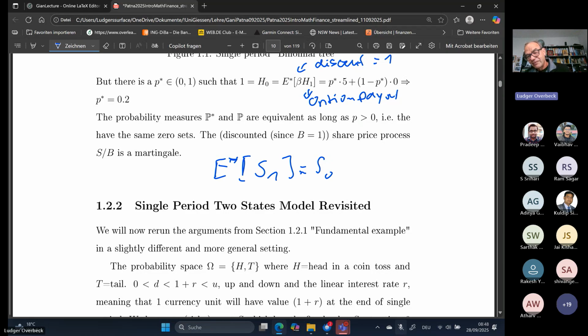And this will be transferred to more complex models. The price of an option is the expectation under the martingale measure, and the martingale measure is a probability measure, P star, such that on average, the discounted asset prices don't change.